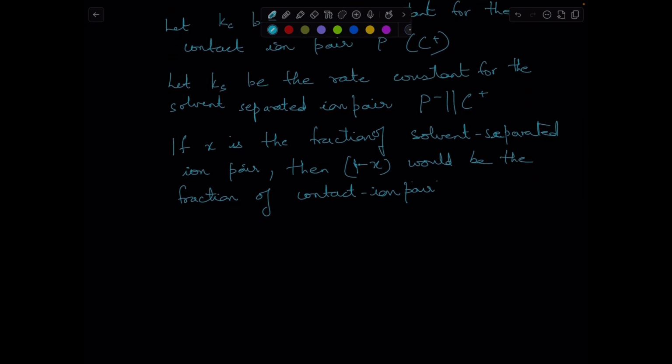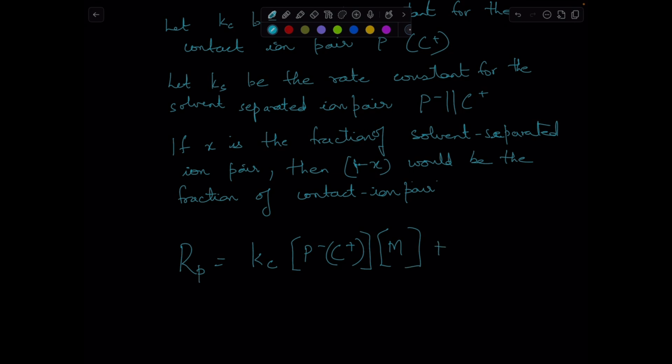The rate of propagation would be the sum of the contributions from the contact ion pair and the solvent separated ion pair. So for the contact ion pair, the contribution to the rate of propagation would be Kc times the concentration of the contact ion pair times the monomer concentration.